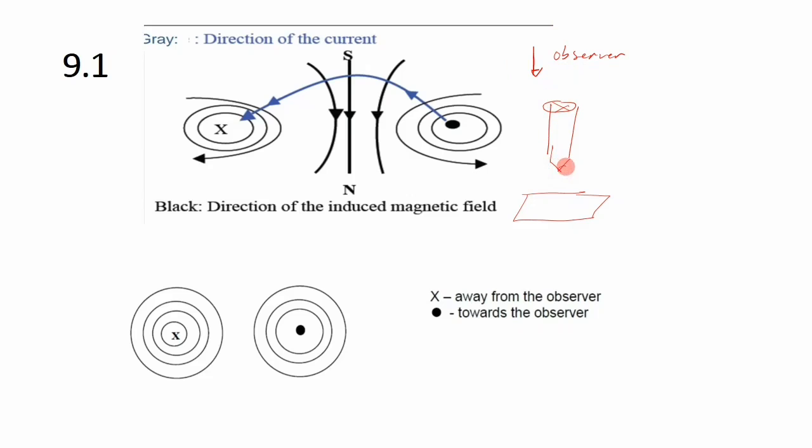This will be the tip of the pen and this will be the back of the pen. You see the X, right? So this is away from the observer because now the pen is going away from your eyes, right? So now this is into the page.